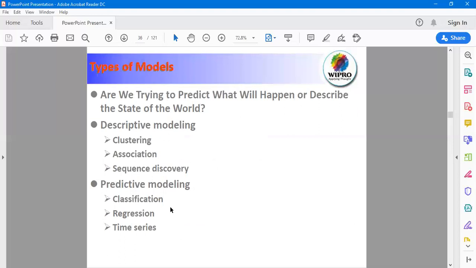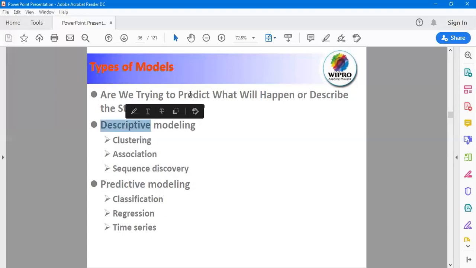So, types of models: we will just brief it here and then go into detail in our next lecture. The descriptive modeling and the predictive modeling. Are we trying to predict what will happen, or are we describing the state of the world? When we describe any state of activity in our project, we use the descriptive modeling approach.